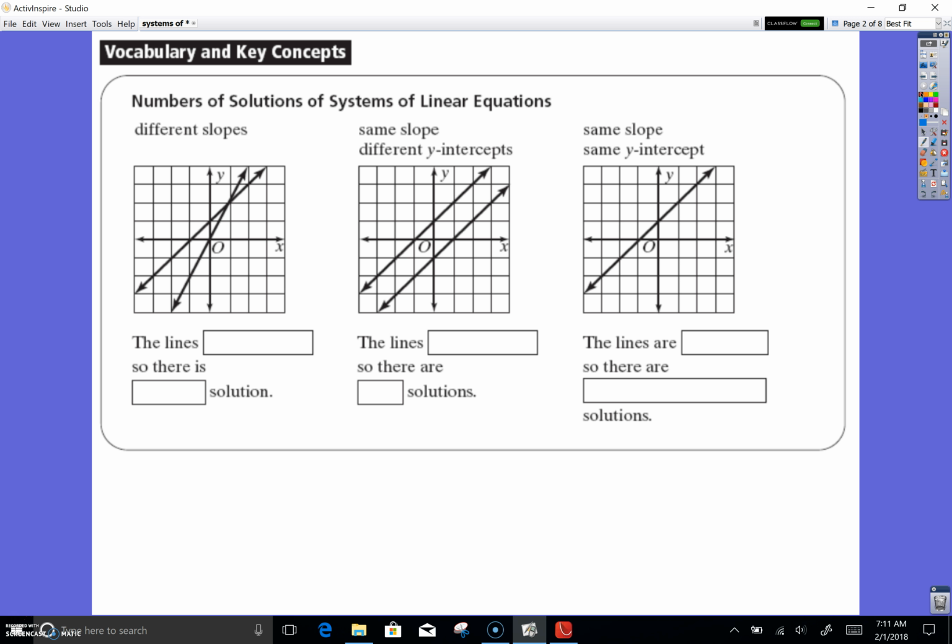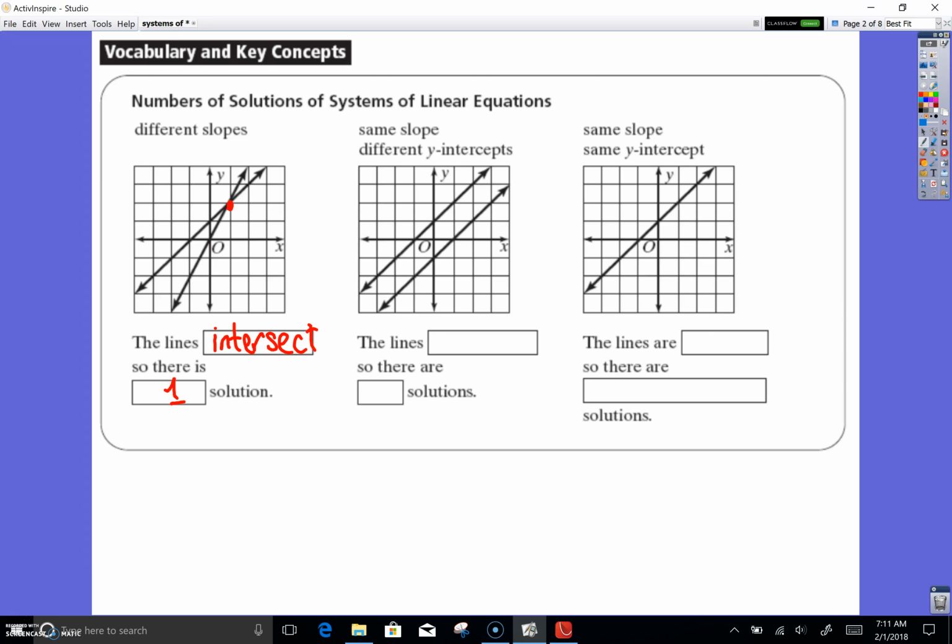So this tells you the number of solutions from a linear system. If you see here, the lines intersect, so there is one solution. The lines have the same slope, different y-intercept. Okay, this is the characteristic.